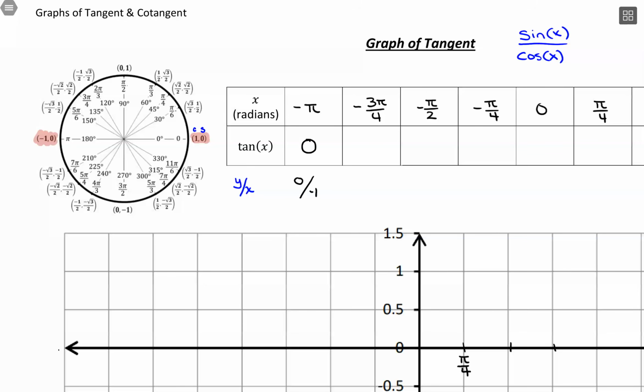So tangent of negative pi is equal to 0. At negative 3 pi over 4, which is right here, I'm going to have the same thing in the numerator and denominator. So that y coordinate of negative root 2 over 2, divided by negative root 2 over 2, which negative divided by negative makes a positive, and then you have the same exact thing. So this is just a positive 1.